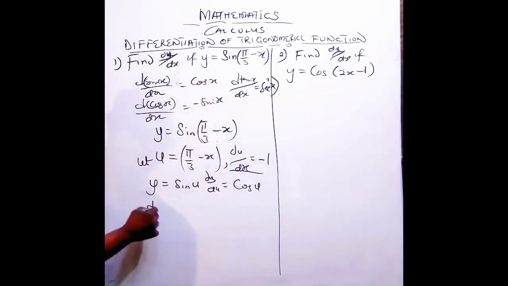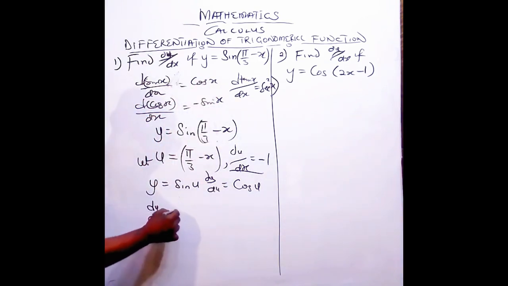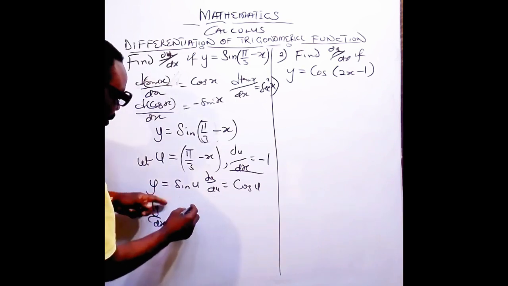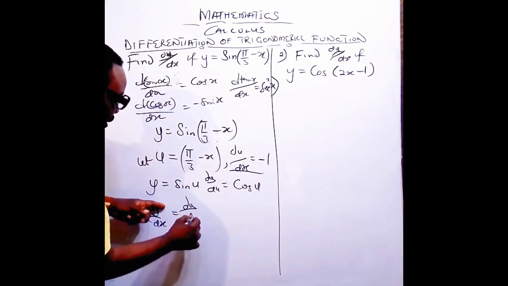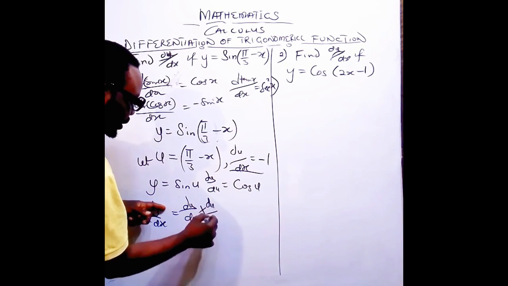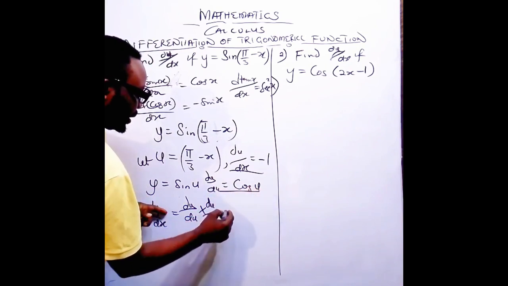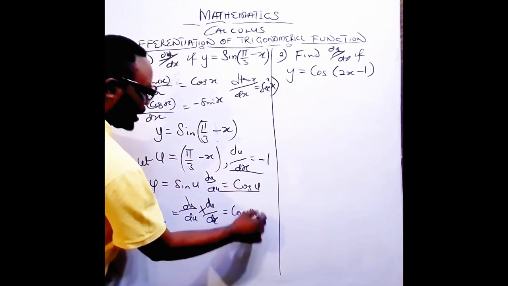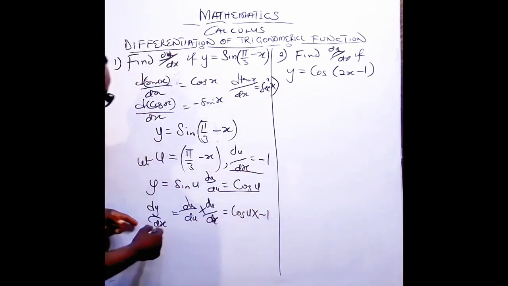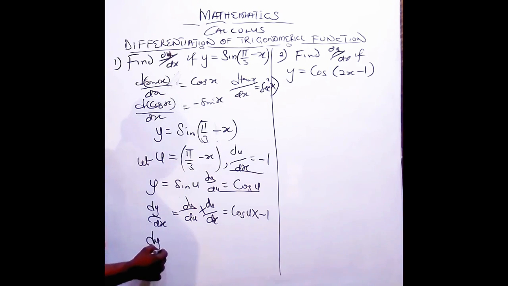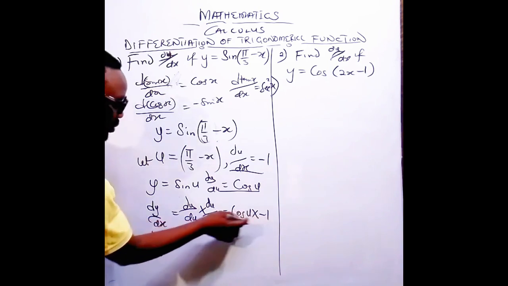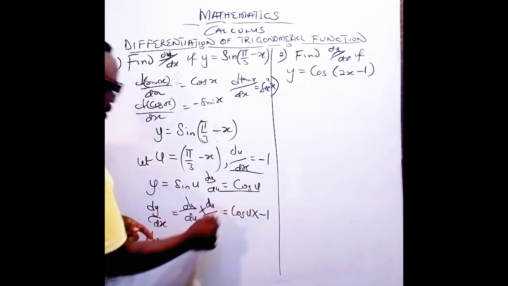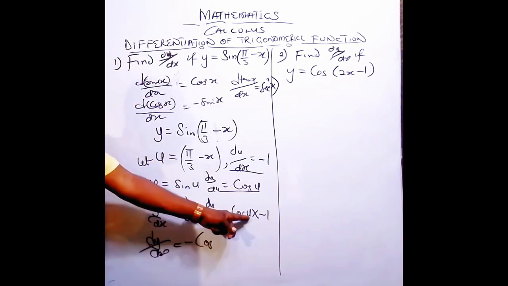Now, you can say that dy/dx will be equal to dy/du multiplied by du/dx. Now, what is the value of dy/du? Cos u multiplied by du/dx, which is minus 1. We have dy/dx, in conclusion, equal to minus 1 times cos of what is the value of our u?